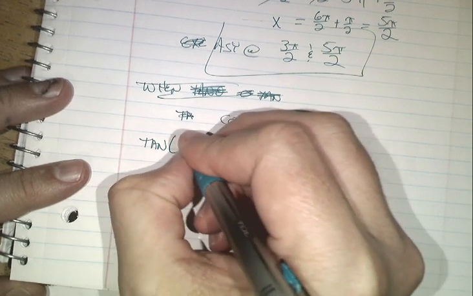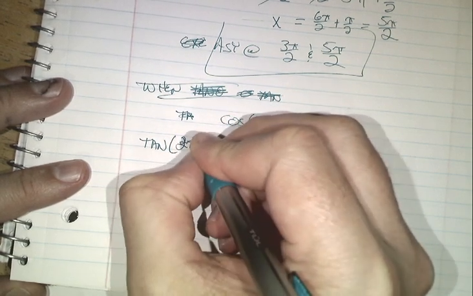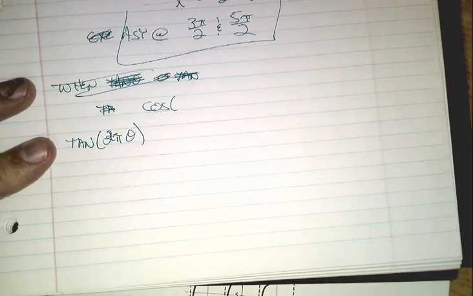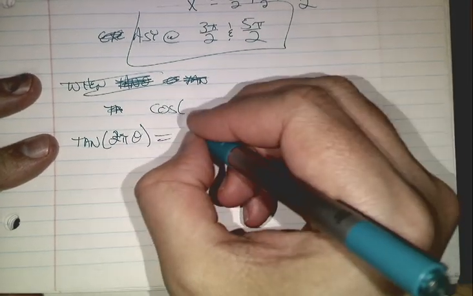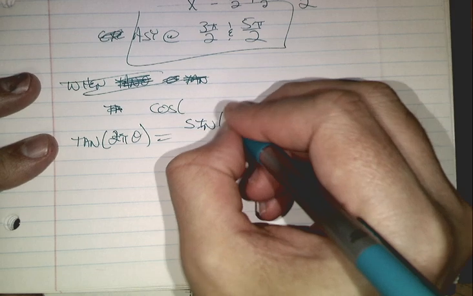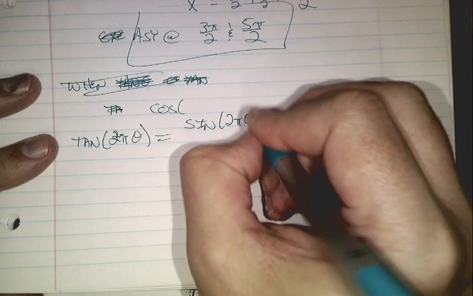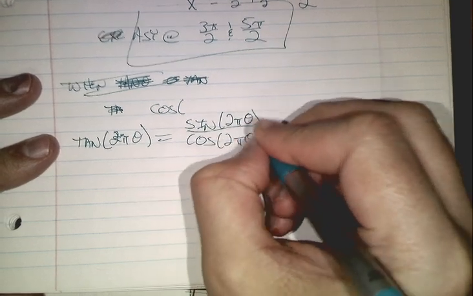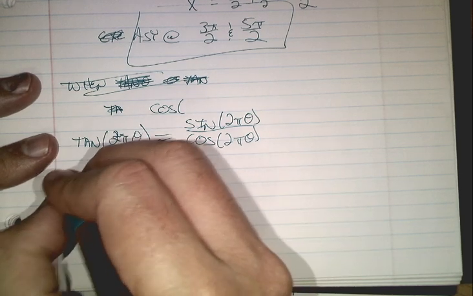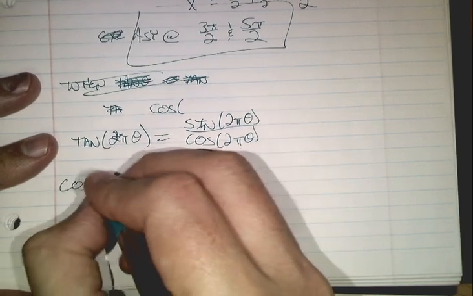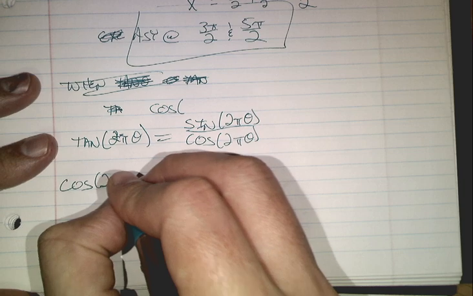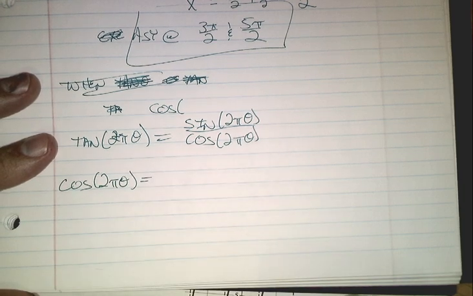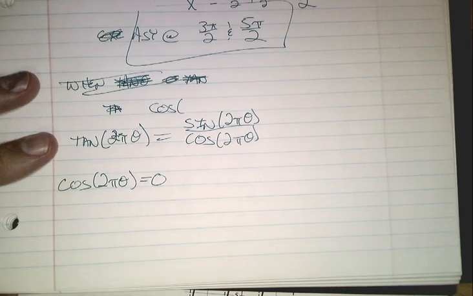Tangent of 2 pi theta is exactly the same as sine of 2 pi theta divided by cosine of 2 pi theta, and this is undefined when cosine of 2 pi theta is equal to 0.